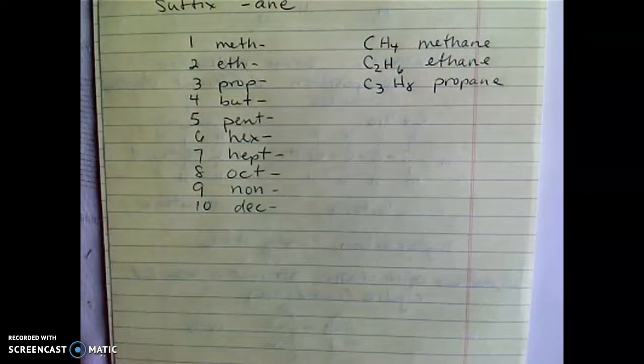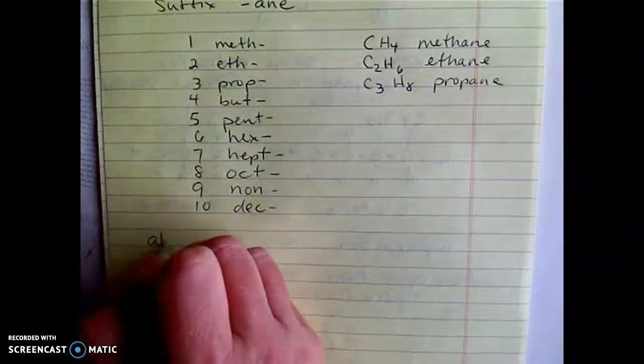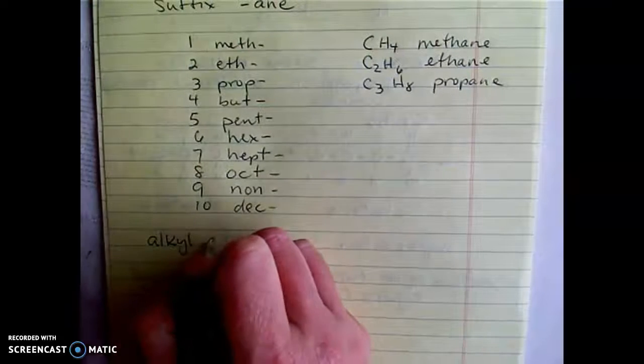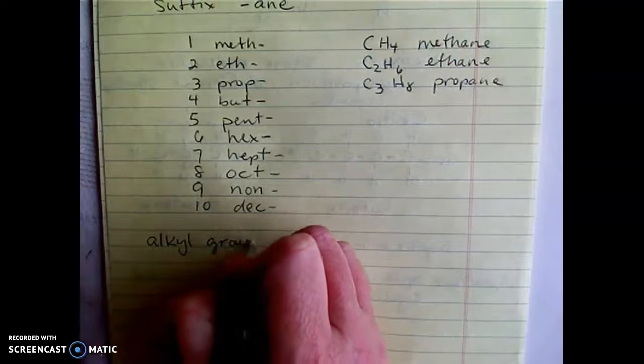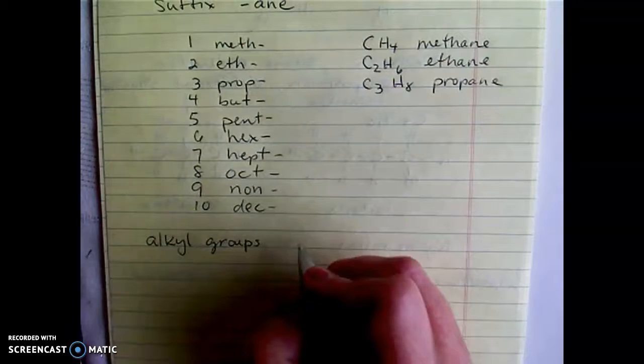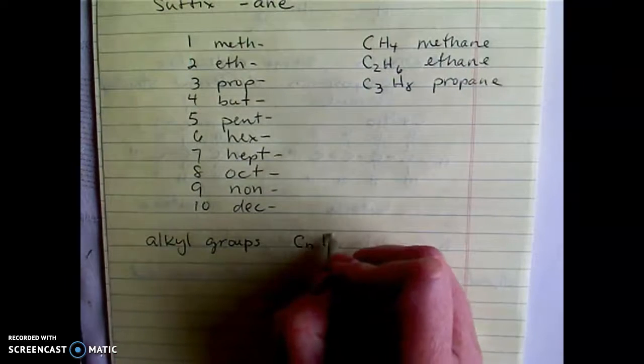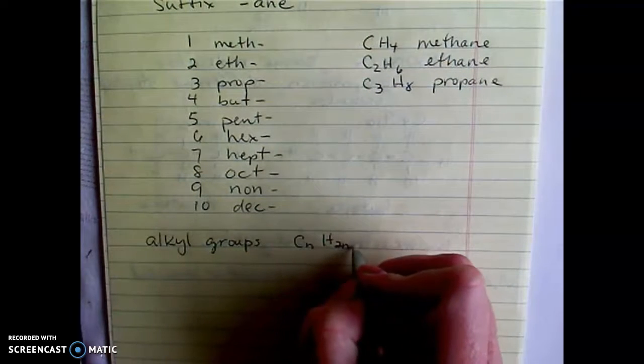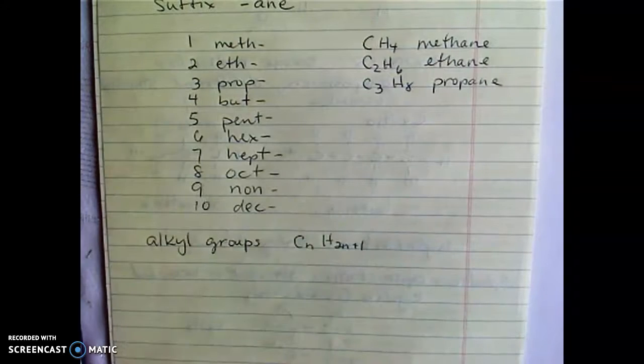All right, so from here, you can have a straight chain, but we can also have what we call branches. Some of those branches are called alkyl groups. Now, an alkyl group has the general formula CnH2n+1.